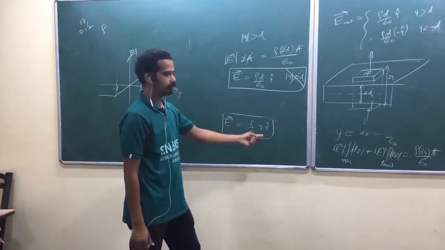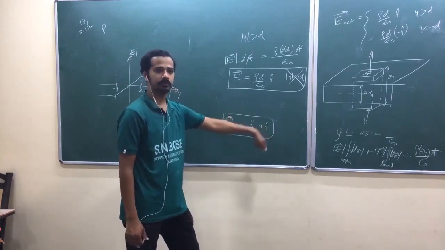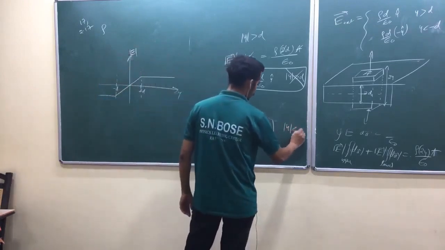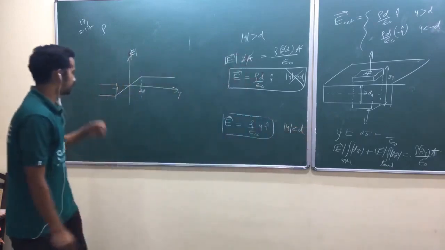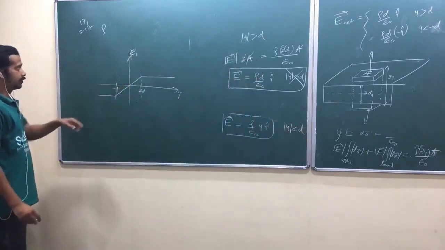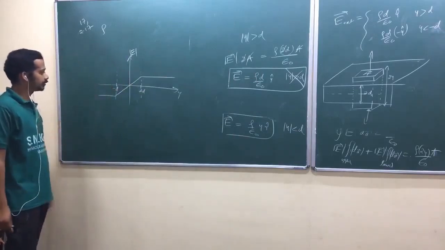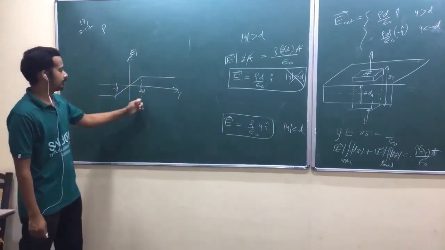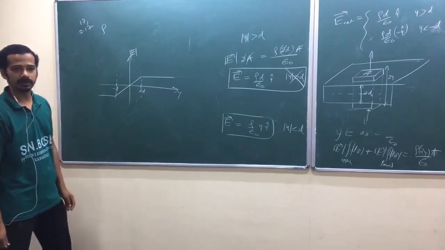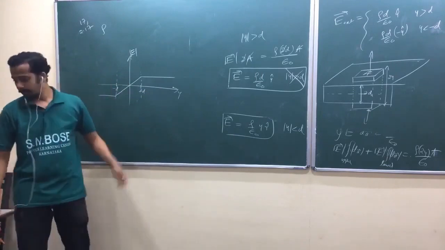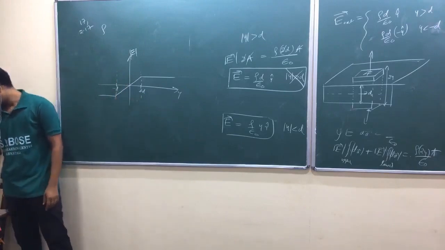If y is negative, it will introduce one more negative sign, it will be minus y cap. Is that okay? This is when mod y is less than d. So, look at here, your electric field is negative when it is less than minus d, and electric field is positive when it is greater than d. Okay. So this is the plot of electric field as a function of y.